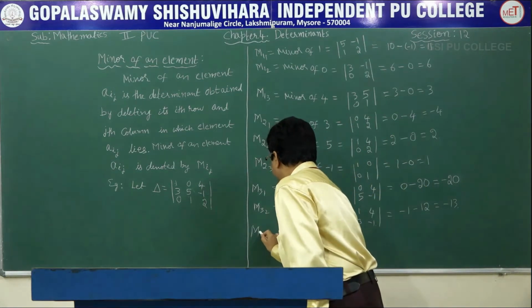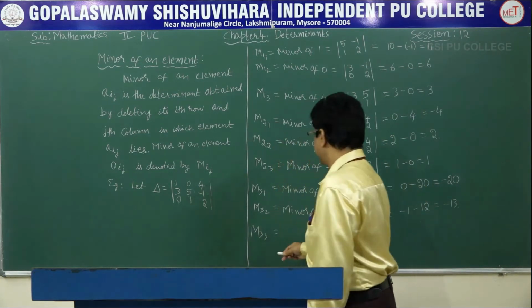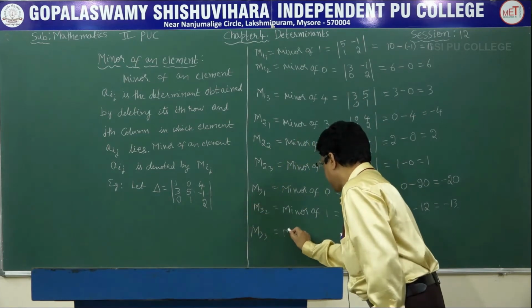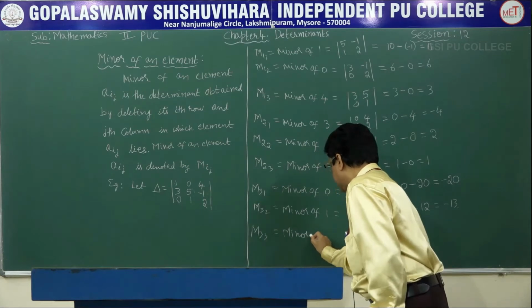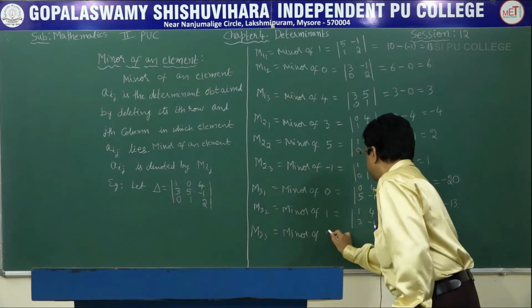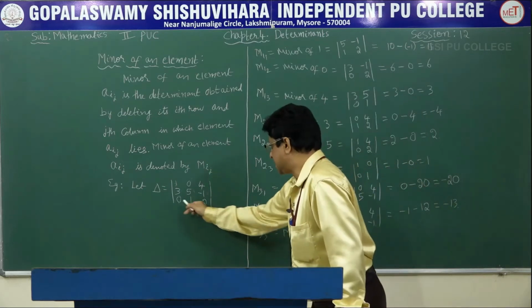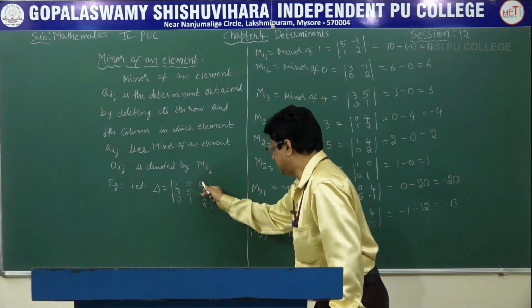The last element M33, that is third row and third column. So 2, that is minor of 2 is equal to, see here, 2 lies in the third row and third column.